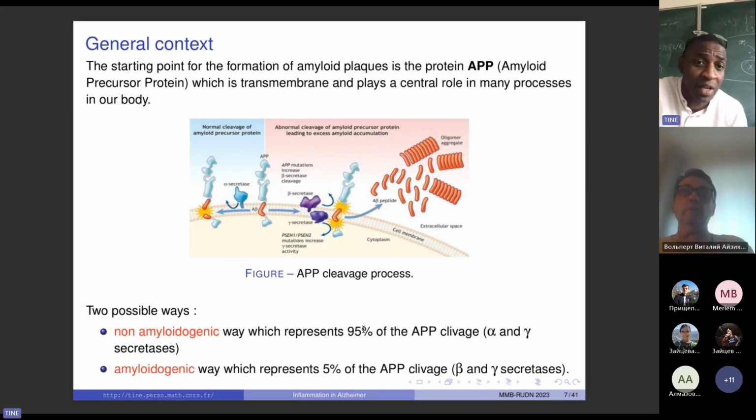Yes, and I think there is a lack of study on this side to investigate why beta secretase, which has another role, comes and plays the role of alpha secretase. This is the very dilemma. We don't know. But there may be some mutation behind it. Yes, it's a plausible hypothesis.